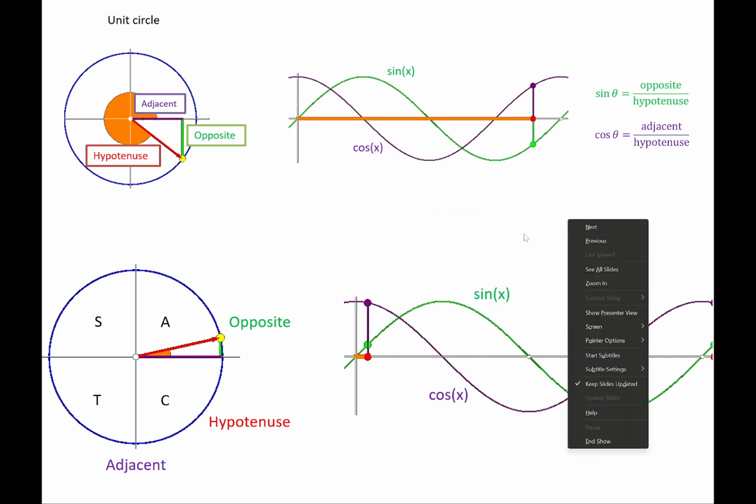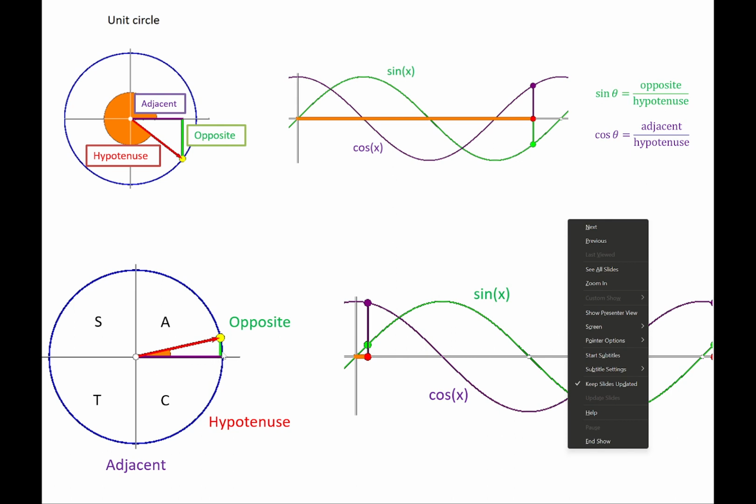All right, so what's going to happen here is there's an animation that shows this yellow bead moving around the unit circle. The red part of the diagram, this red arrow here, is the hypotenuse of the right angle triangle that's constructed. The purple is the adjacent.